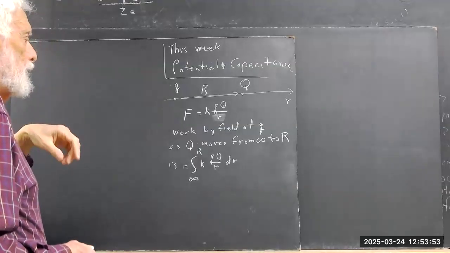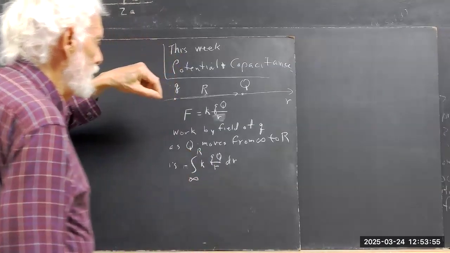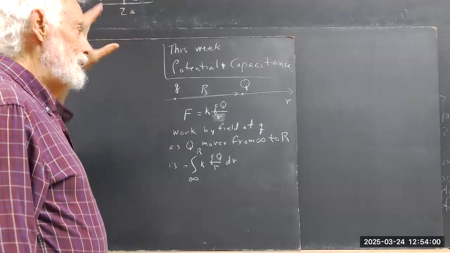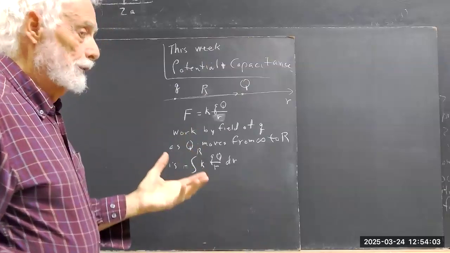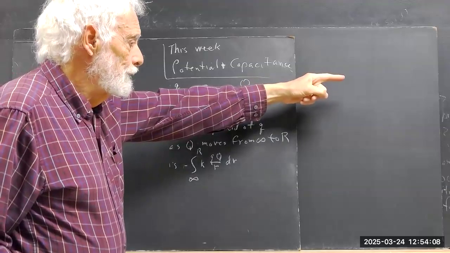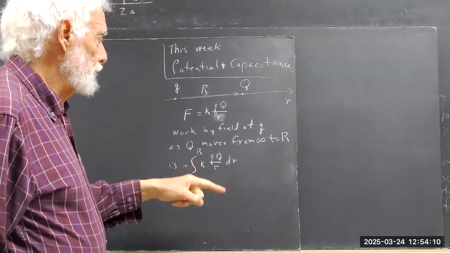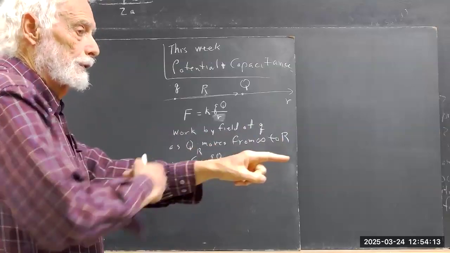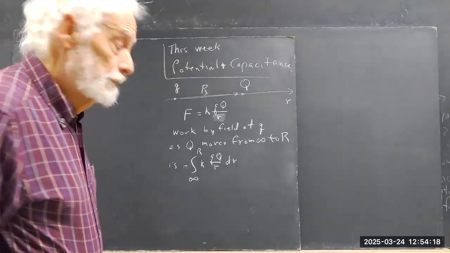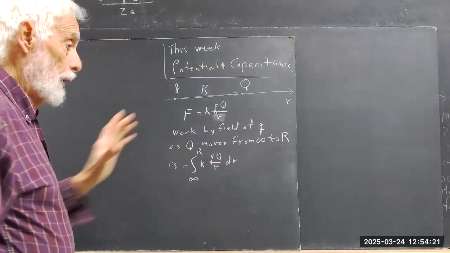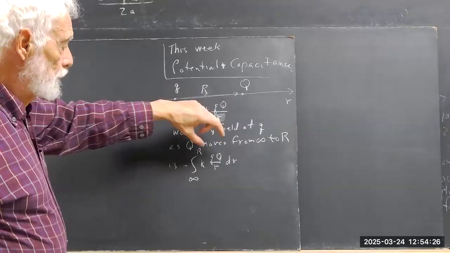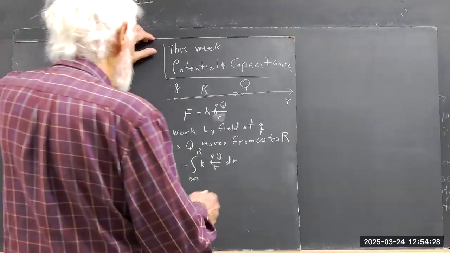I don't want to get into declaring unit vectors here, but your force is in this direction if these two are positive, and your displacement is in this direction. So the work done by that force is negative, because you're coming in a direction opposite the force. Now, if you happen to have unlike charges, it's still going to work.